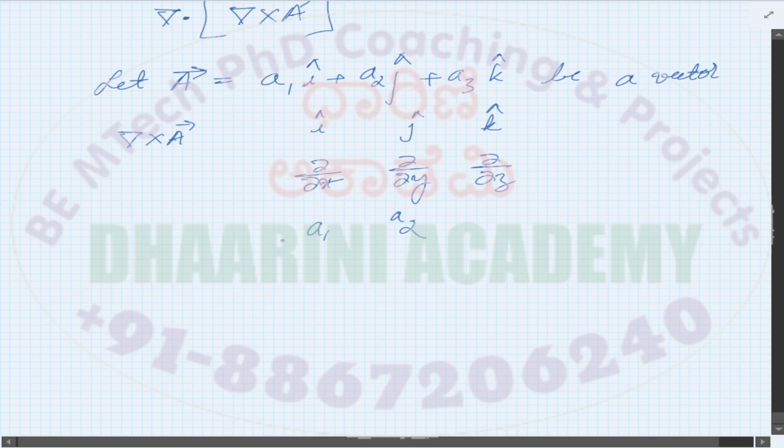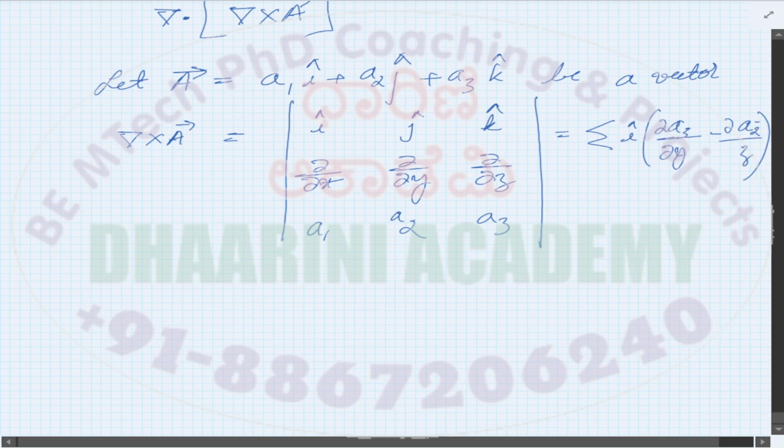In the short format I can write this as summation of i cap into dou A3 by dou y minus dou A2 by dou z. This is my function, which I am going to expand further.